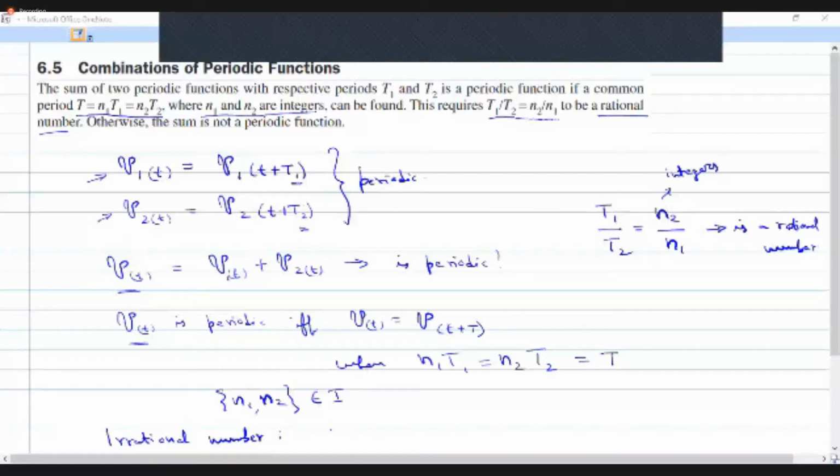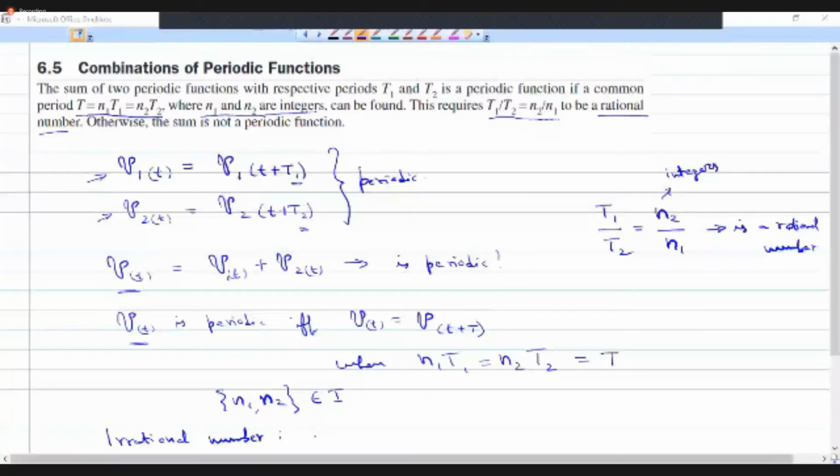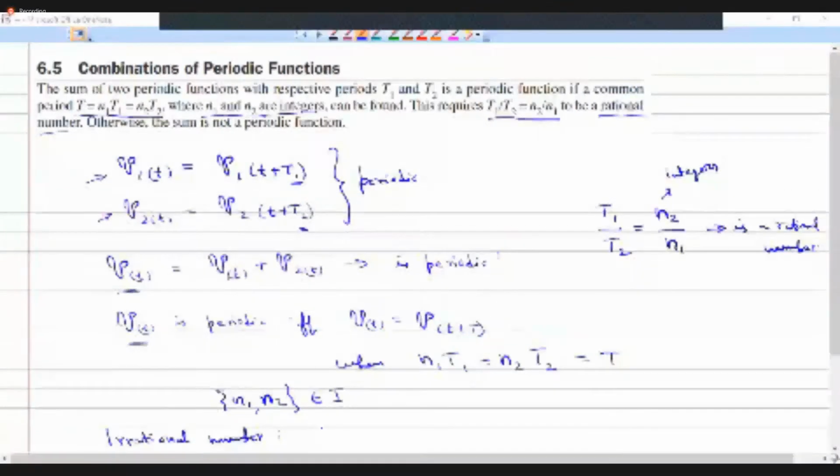What is the definition of a rational number? It is a ratio of integers. Here itself I have given you the definition. If we can represent any number as the ratio of two integers, it is called a rational number. If you cannot represent it by the ratio of two integers, then it is called an irrational number.